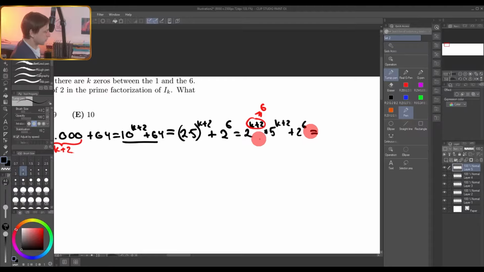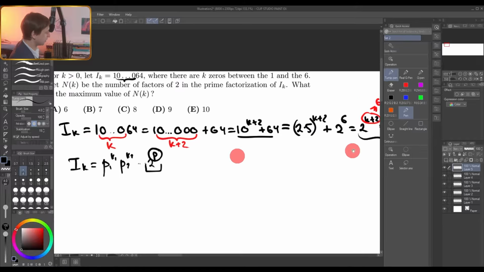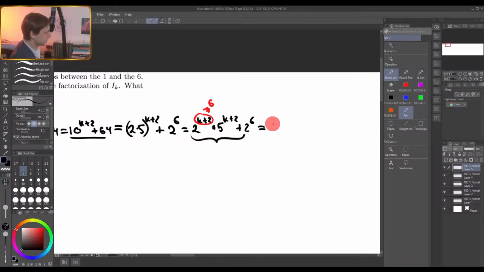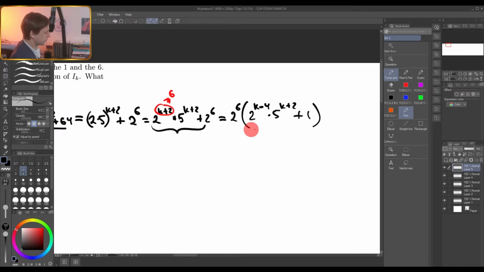Well, in this case, 2 to the power of 6 is present in both summands, and the sum is divisible by 2 to the power of 6. And at least we can tell that 6 is a possible option for p. So let's separate it: 2 to the power of 6, times 2 to the power of k minus 4 times 5 to the power of k plus 2, plus 1.